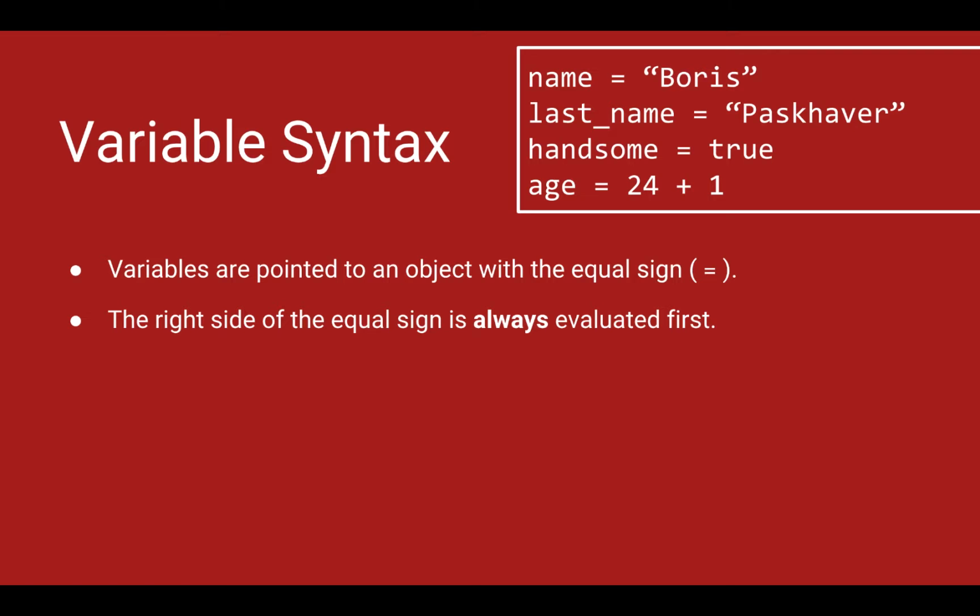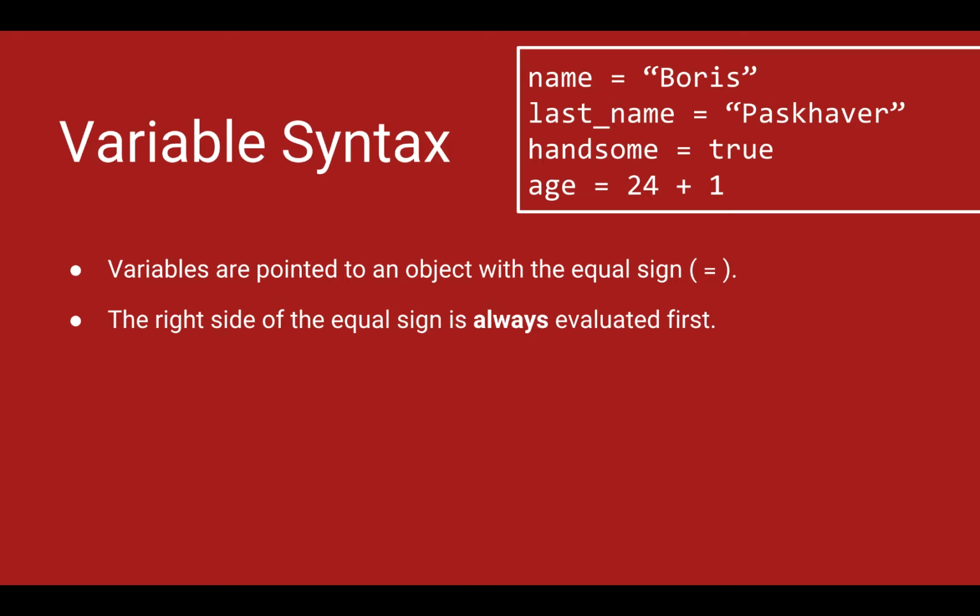The right side of the equal sign is always evaluated first. The only real example here that demonstrates this is the very last one. You can see we have age equal to 24 plus 1. What Ruby is going to do is evaluate 24 plus 1. It's going to give 25 as the final result, and that object, that number 25, is what the age variable is going to point or refer to. So whatever happens on the right side is always going to happen first.